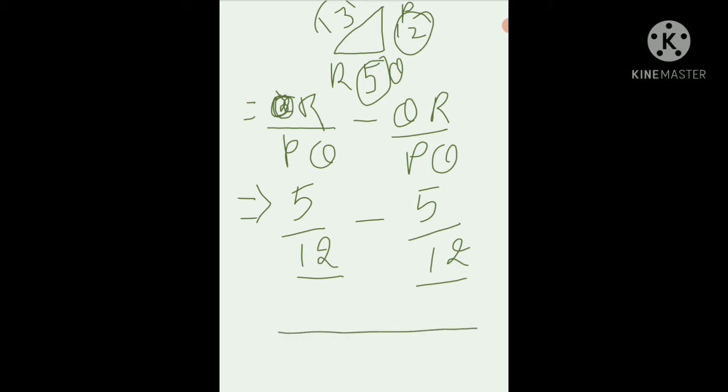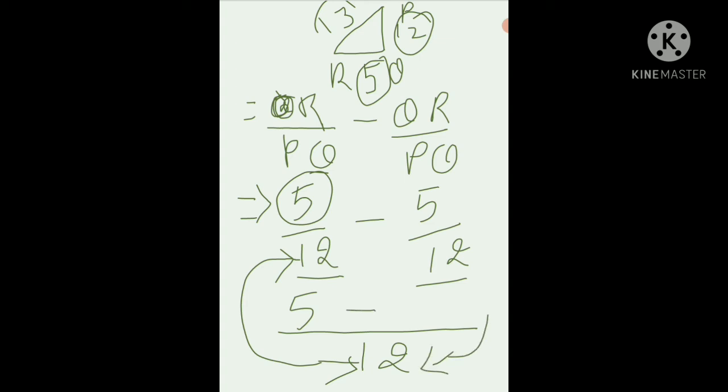First of all, we will take the LCM of 12 and 12, which gives us 12. You know how to find the LCM, no? When you divide this 12 by this 12, you will get 1, so 1 into 5 will give us 5.